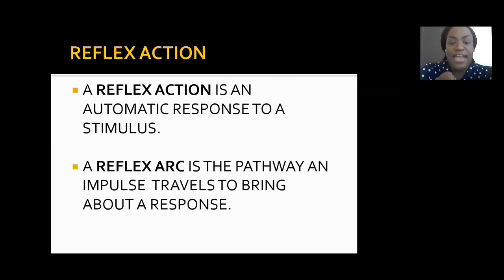Now, a reflex arc is the pathway in which the impulse travels to bring about this automatic response. It is like the highway to getting our response from stimulus to response.